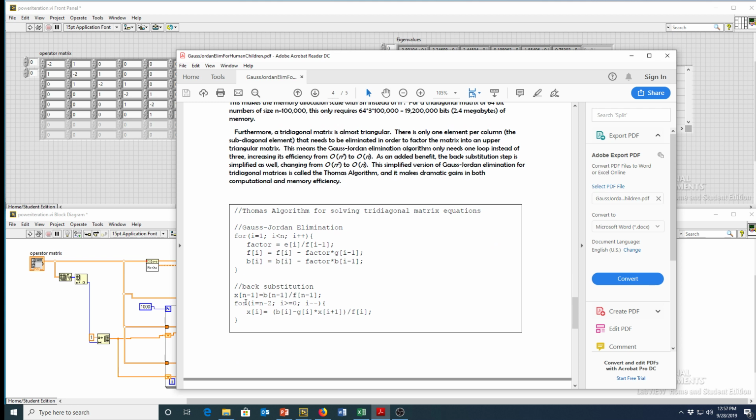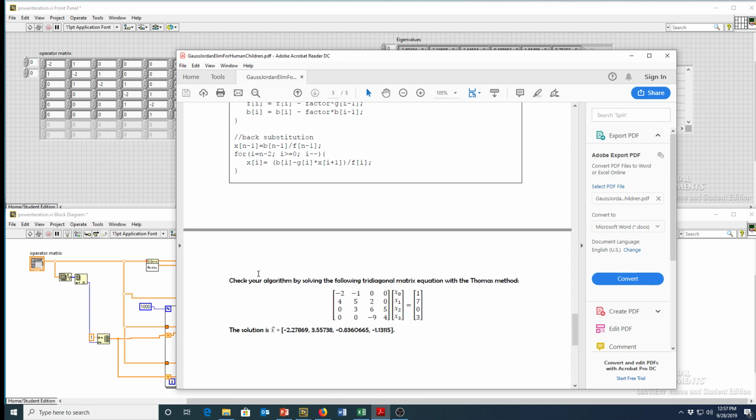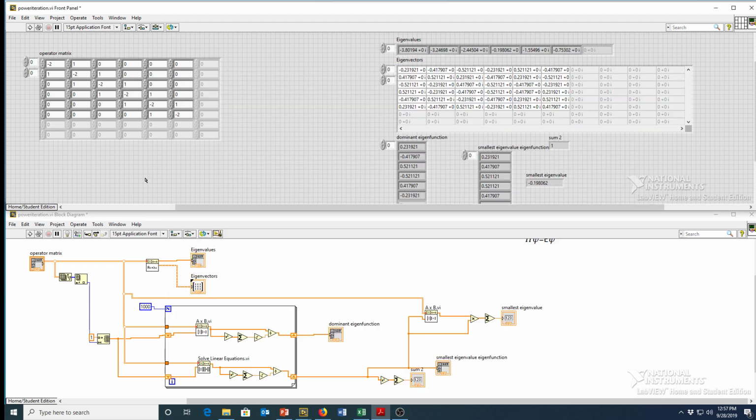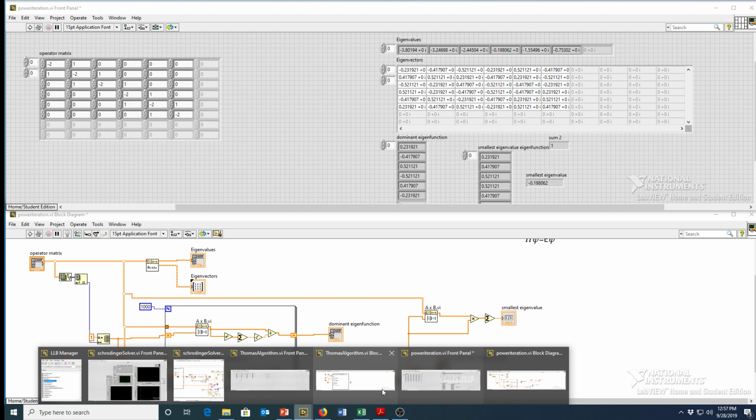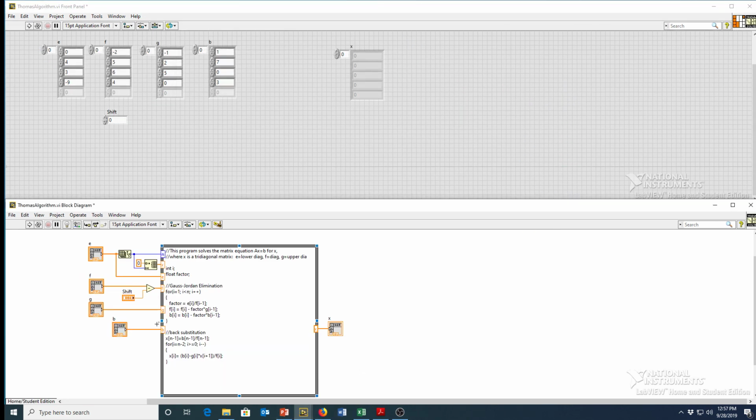And then you do your back substitution once you have your upper triangular matrix to solve for all the unknowns. Okay, so here's what that program looks like right here. I just put all of that code in a formula node to make it easy.